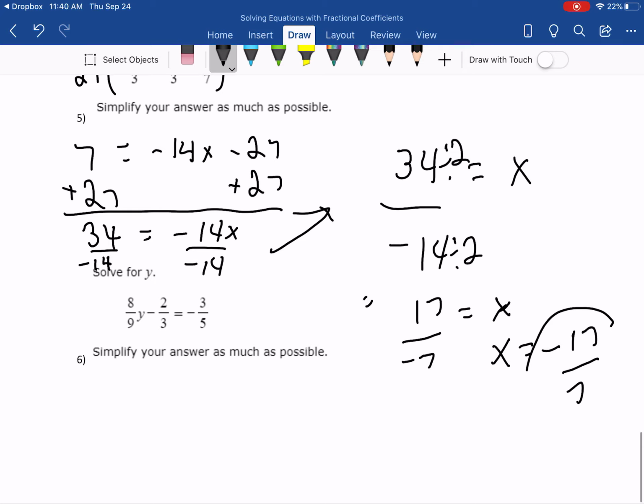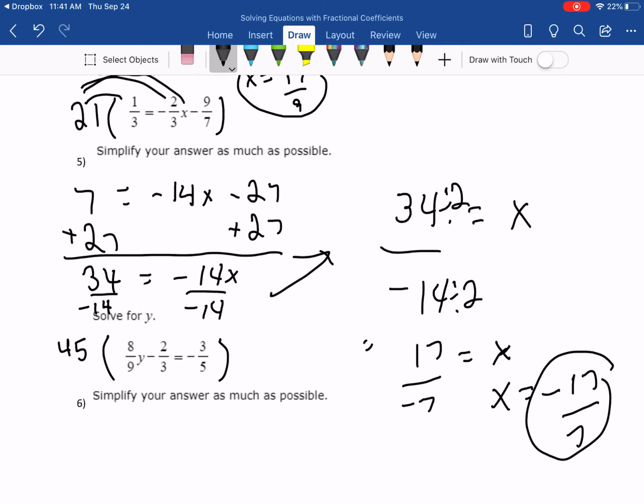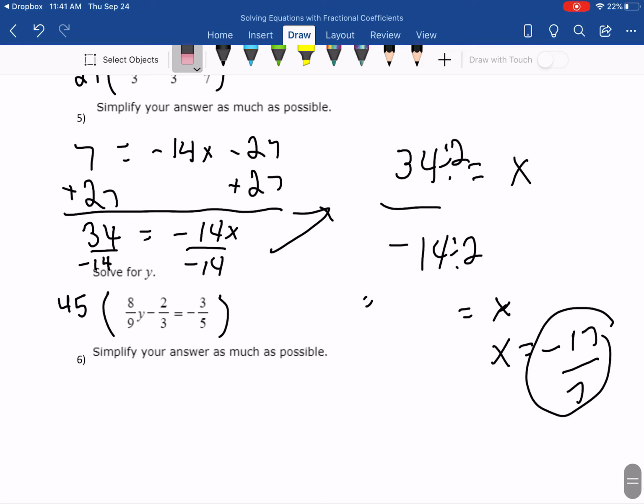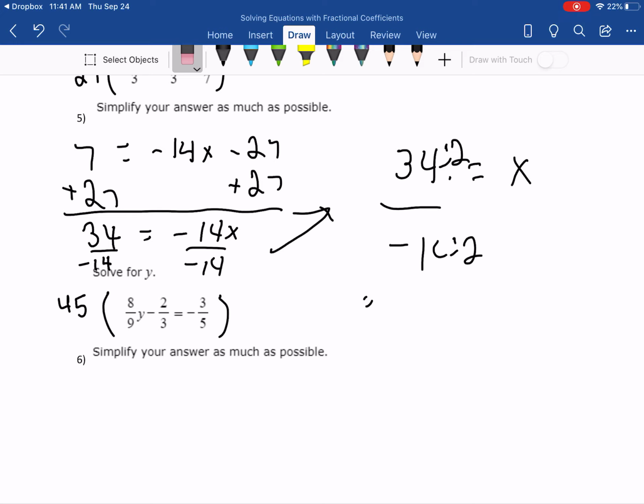Okay, last one. We have 9, 3, and 5. You should see that the LCD here is 45. Okay, so I'm not going to write out all the multiplications this time. You should do this on your own off to the side.